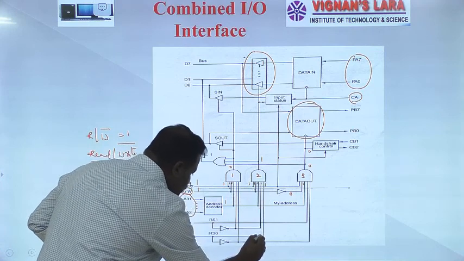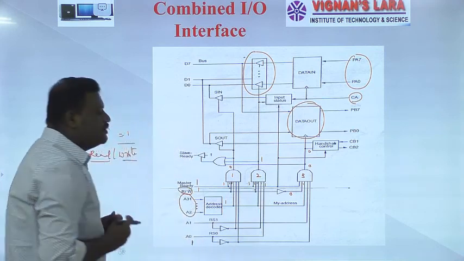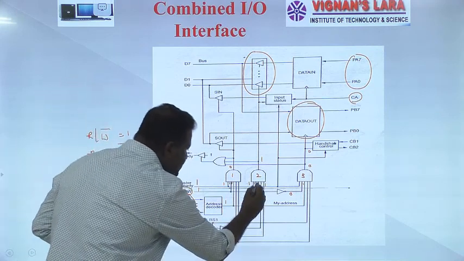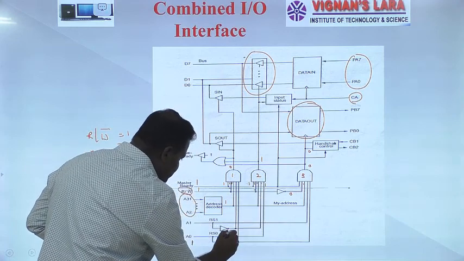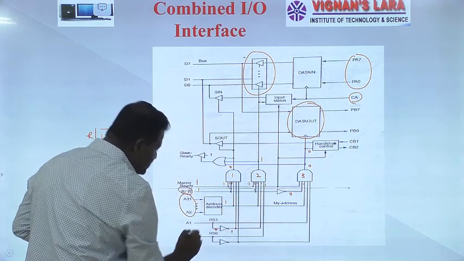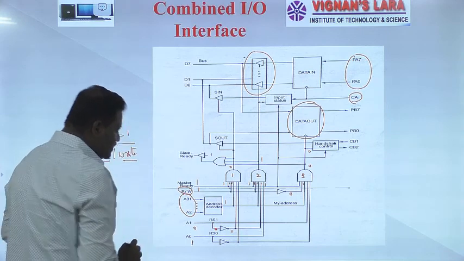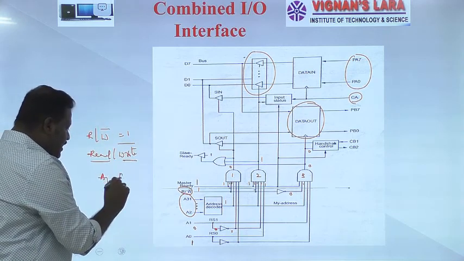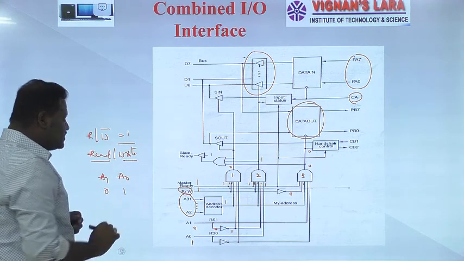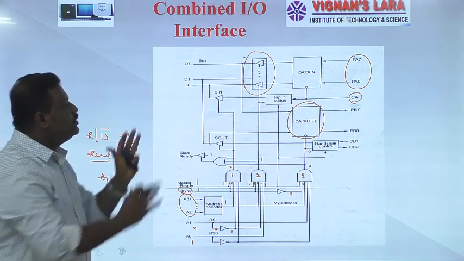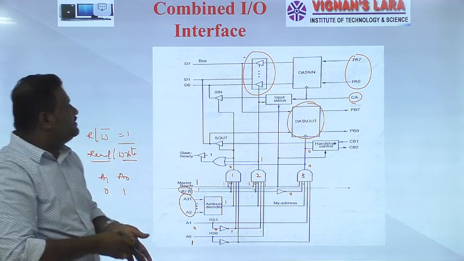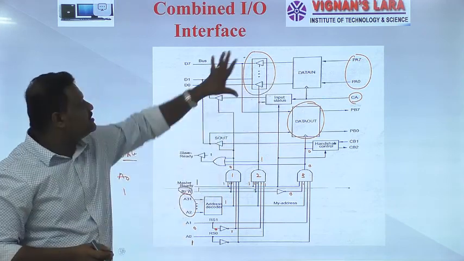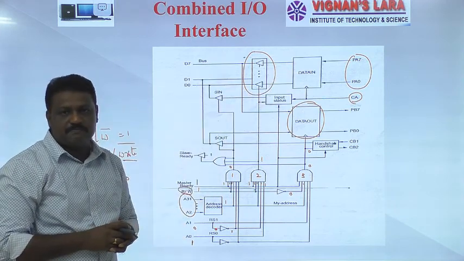This is one of the inputs, that means A0 is equal to 1. And second, this is equivalent to 1, that means here it is 1. The inverter input must be 0, that means A1 is equal to 0. So it is very clear, friends, A1, A0: if these 2 are set to 0, 1, I am going to read data from an external device through this data in register and this driver circuit.